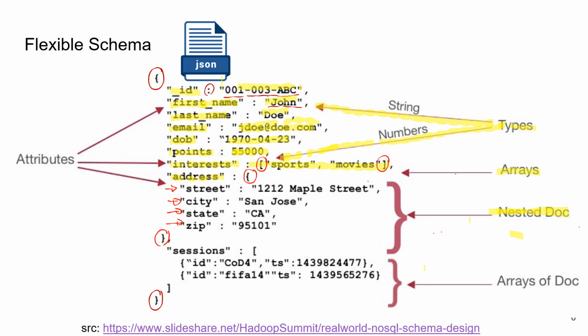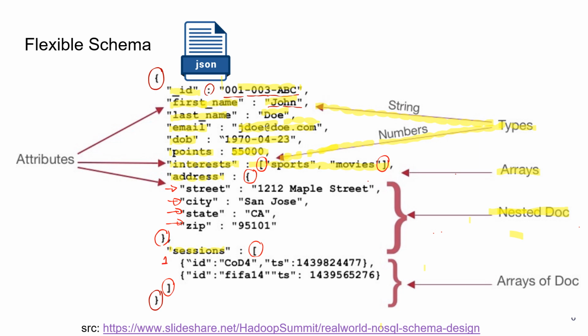The last example here is the attribute sessions, and you can see what data structure it is. It has an array, as the value for sessions is an array, and this array consists of two documents.